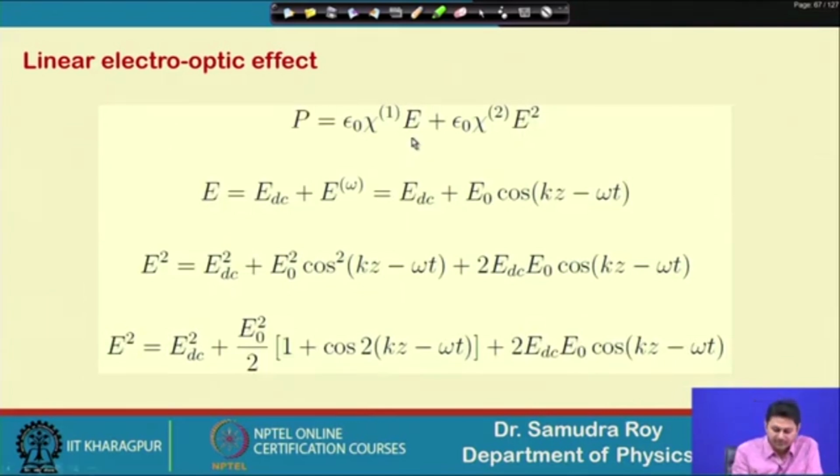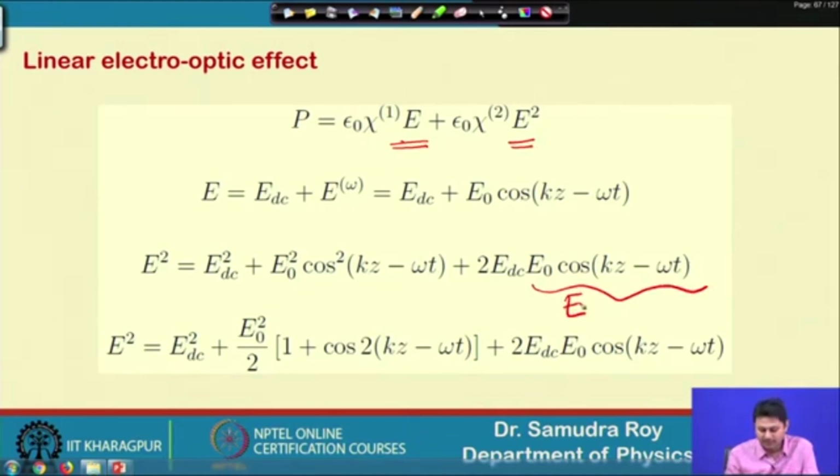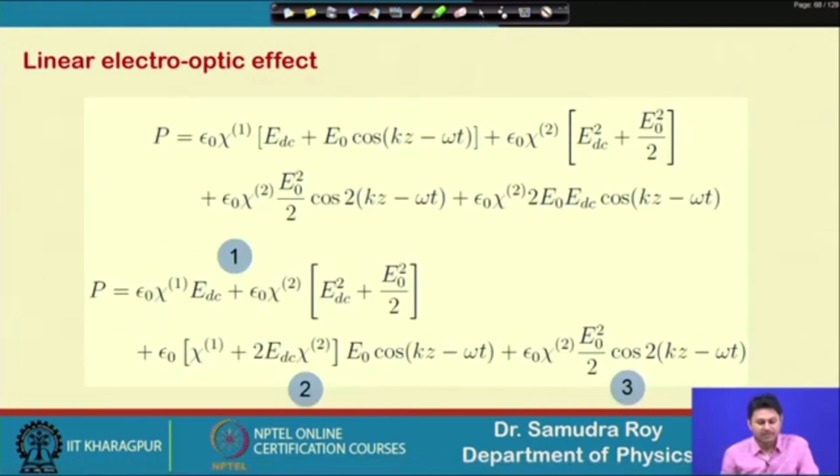So, in the first part we have one electric field present here, and when I make the E squared term, here also one electric field term E is going to appear. In the E squared term, one electric field term E is going to appear. So, one can take this E term common in both cases. When you do that, you readily find that this coefficient is going to change because of this common factor. So, let us try to understand what exactly I mean here.